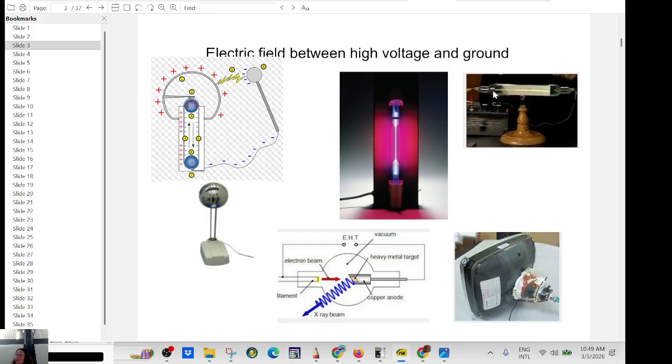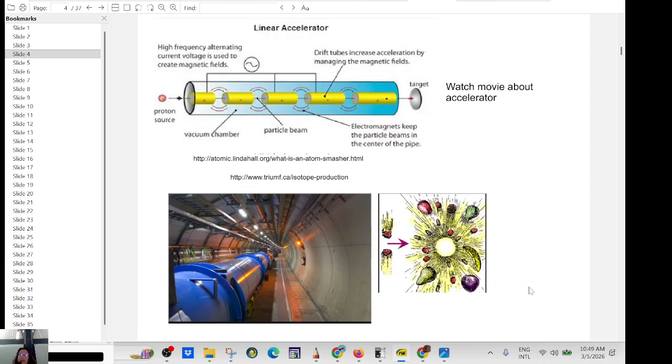Cathode ray tube, negative, positive, the electron will speed up. And that's the old TV screen. Okay, what else? You can use an electric field for linear accelerators. You can make a charged particle accelerate because there is a force applied to it, and crash.